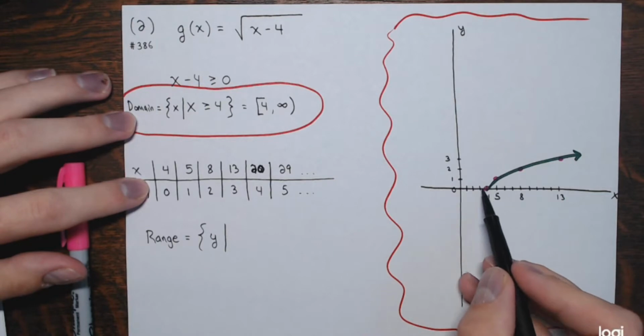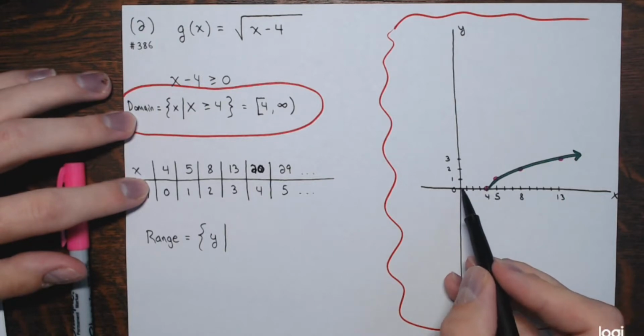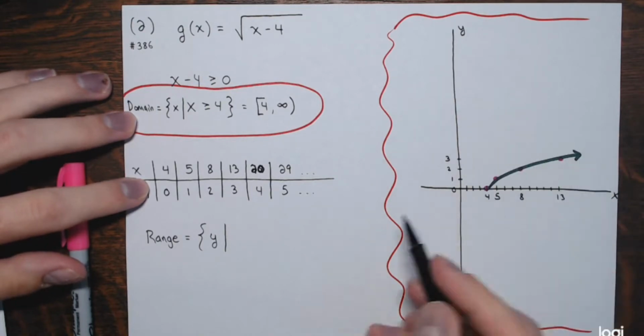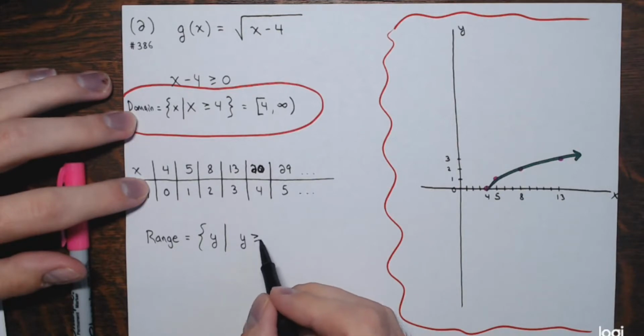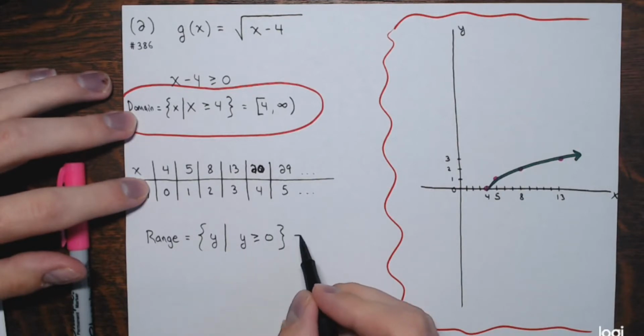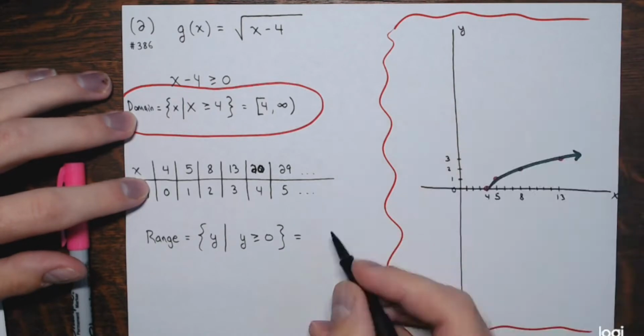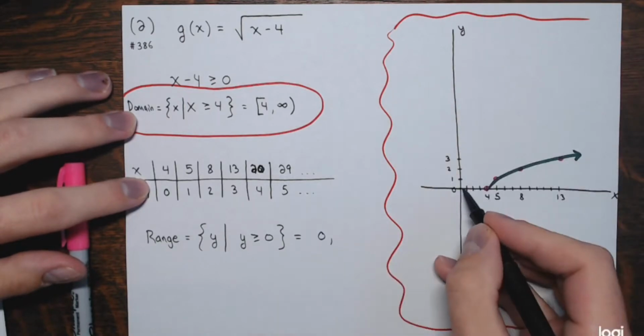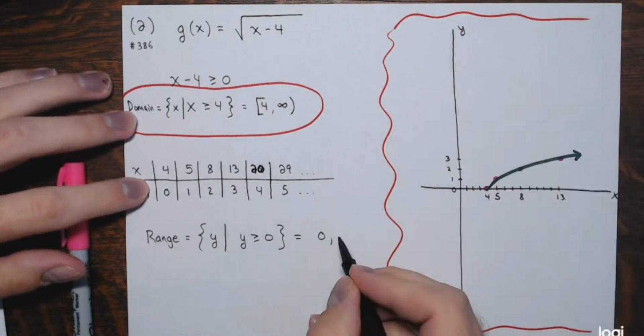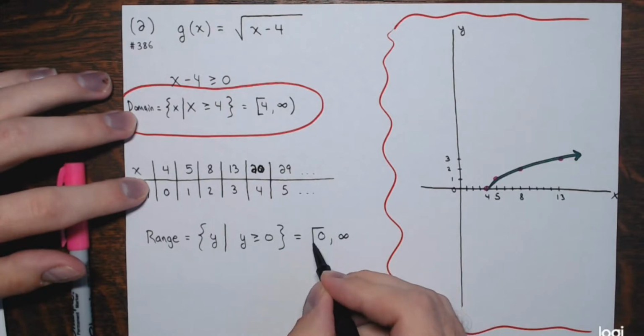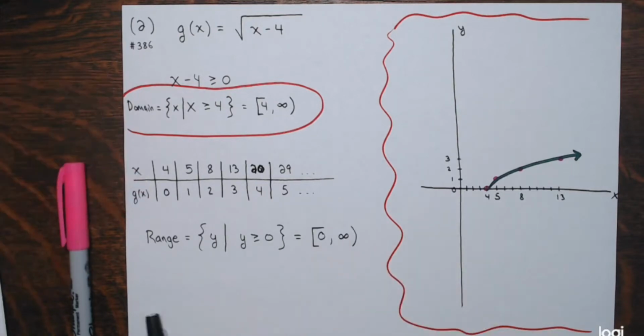Well, the lowest y value used is 0, and then it just keeps going up, right? So y is greater than or equal to 0 again, which in interval notation would be from 0 to infinity, right? From 0 to infinity, bracket on 0, parentheses on infinity. There's the range.